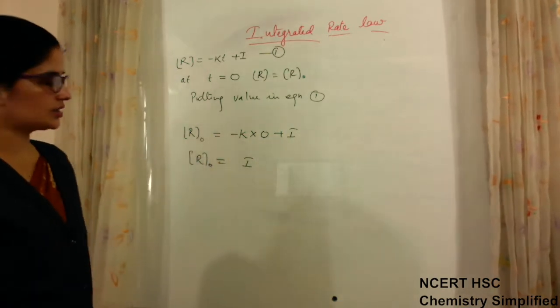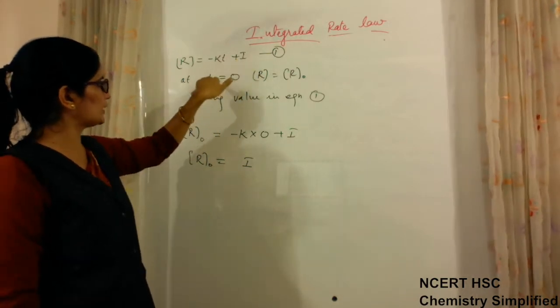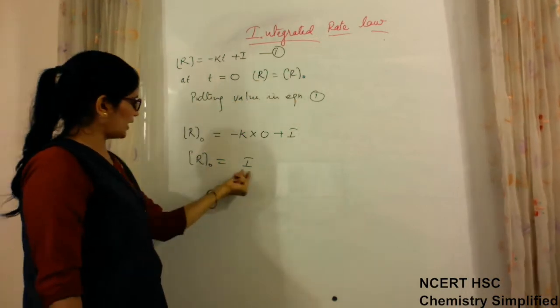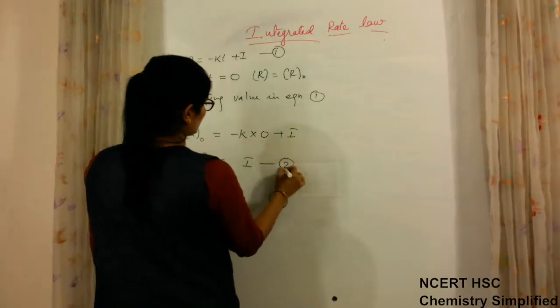I is a constant, and by putting value at time t is equal to 0, R is equal to R0, I comes to equal R0. So this is equation number 2.